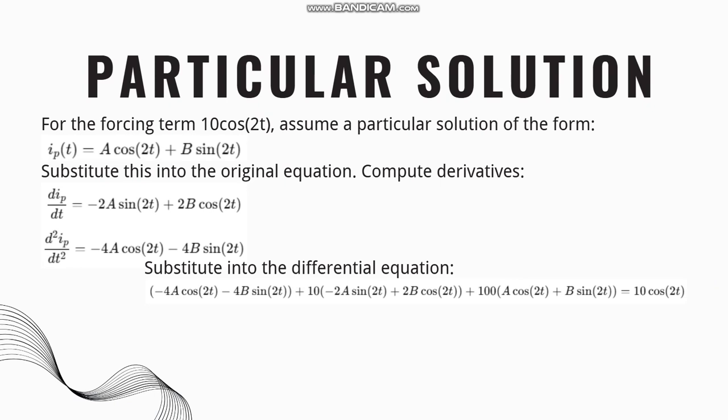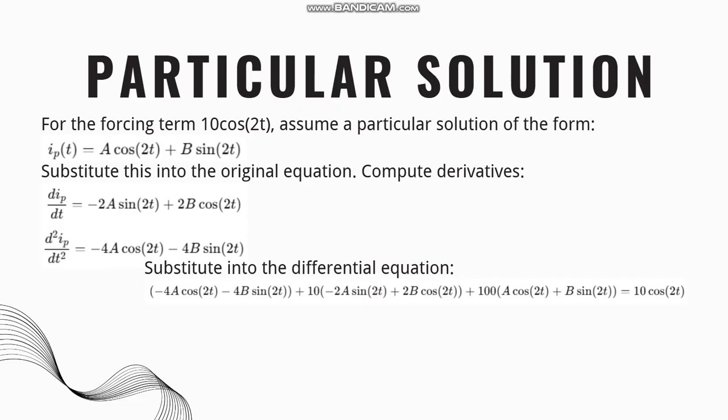Okay, so for the particular solution, for the forcing term 10 cosine 2t, we assume a particular solution of the form i equal to a cosine 2t plus b sine 2t. Then substitute this into the original equation. We compute the derivative, which is di over dt equal to negative 2a sine 2t plus 2b cosine 2t.